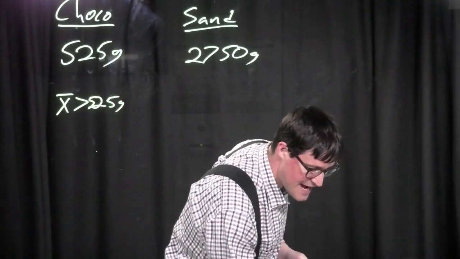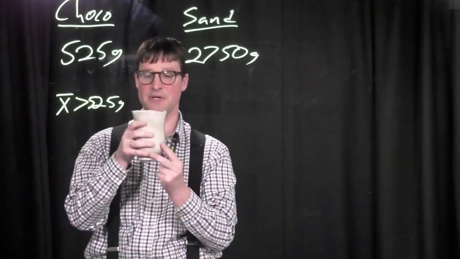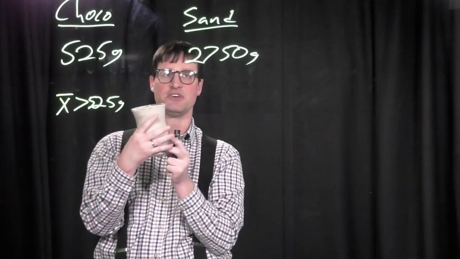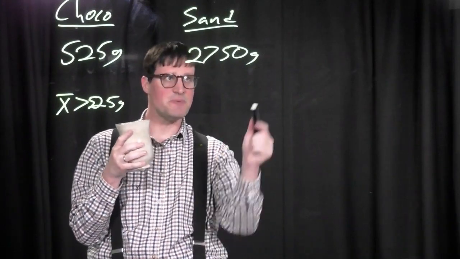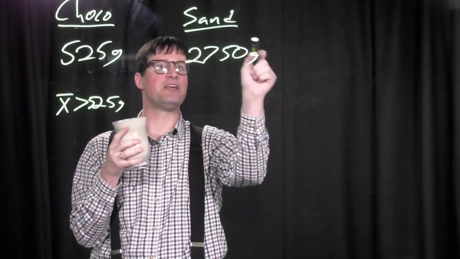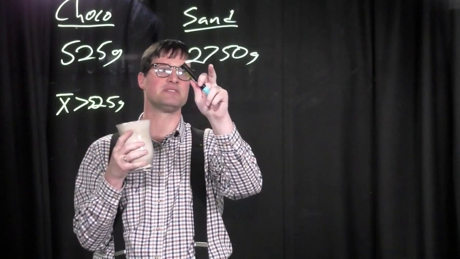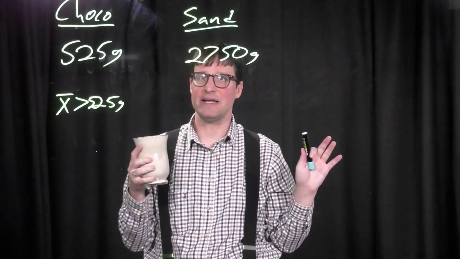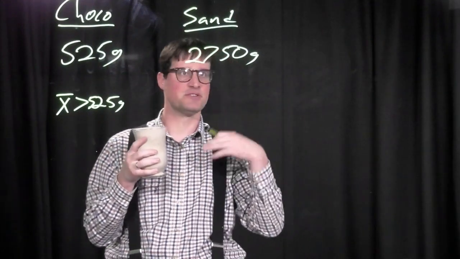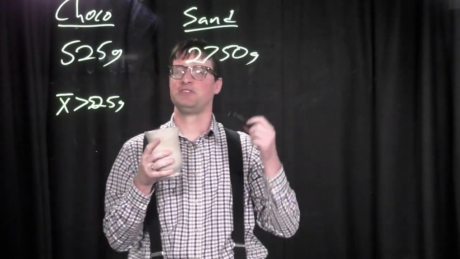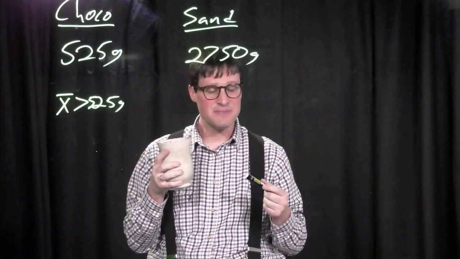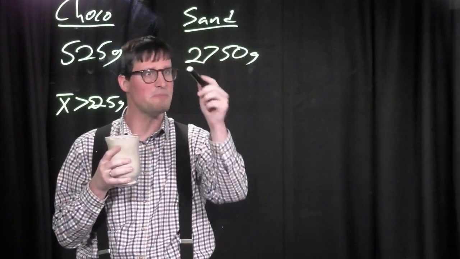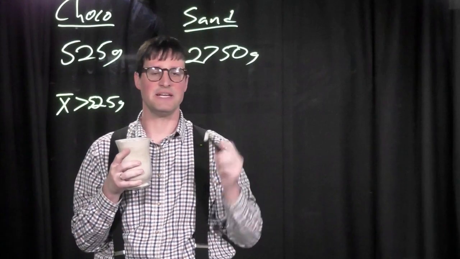Now, if we were to ask the same 2,000 people to estimate the weight of the jar of sand, again, most people would be fairly accurate around 2,750, which is the actual weight. Some people would be wildly inaccurate, saying, oh, this is 6,000 or 7,000 grams, or 200, or even 20 grams. But most people would be around here, the actual weight.